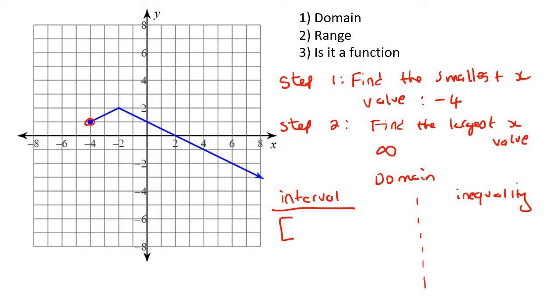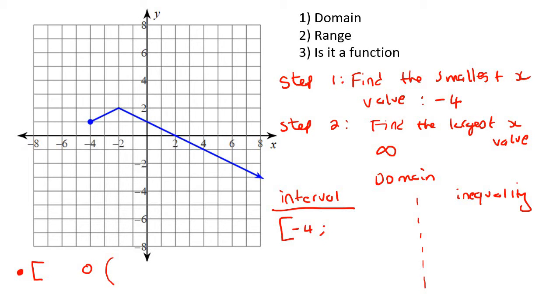Because at the -4, it is a solid circle. Remember when we looked at inequalities, and we sometimes had a number line? Sometimes it was a solid circle, and sometimes it was an open circle. If it is a solid circle, we use a square bracket. If it is an open circle, you use a curvy bracket. So that's going to go -4.